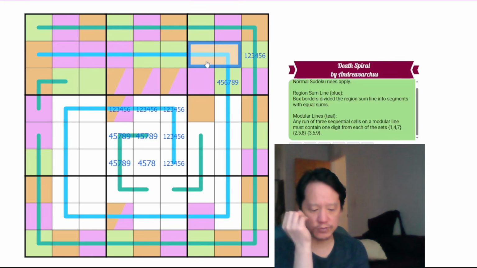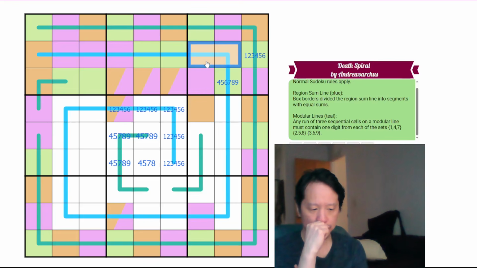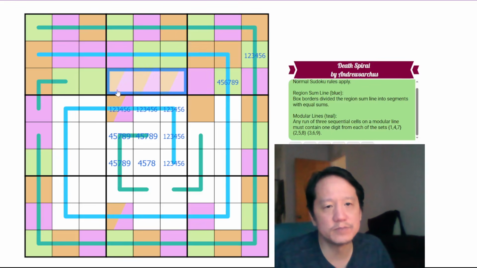So you would have 0, 0, 1 mod 3 to add up to 16. 1, 1 would have to be with 2 mod 3. And 2, 2 would have to be with 0 mod 3. So that could work either way. So that's fine. This is pink or orange.